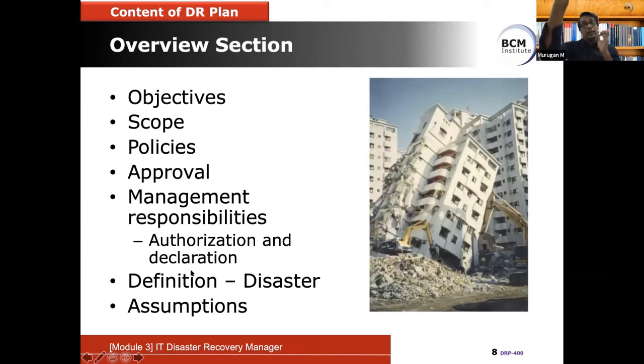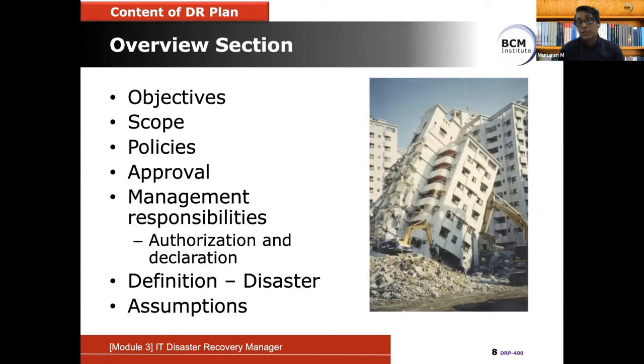Okay, so next one. These are some of the sections that you will have to have. If you have more, better, but only things which are vital. Otherwise, these are some of the sections that you will have in your DR plan. You will have your objective, your scope, the policies and approval.